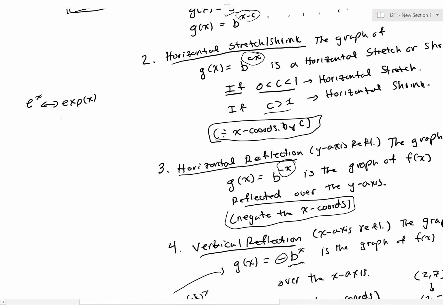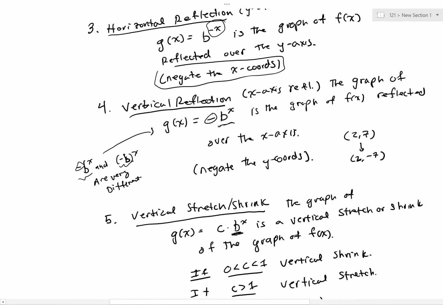So if you were looking at exp of x plus 2, using the 2.5 idea, you look inside the function, you'd say, oh, I'm adding 2 to the value of x. Well, that's going to be the same thing as e to the x plus 2. So again, we're looking at the exponent to see what is actually inside the function.